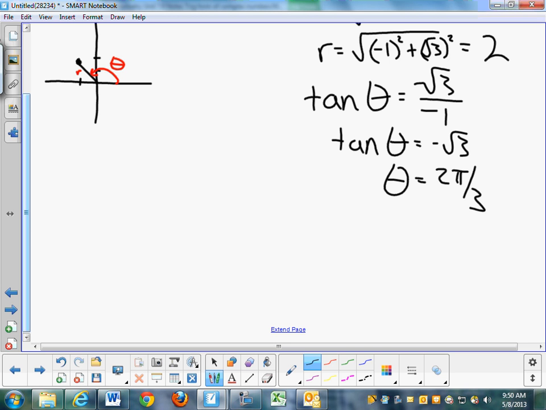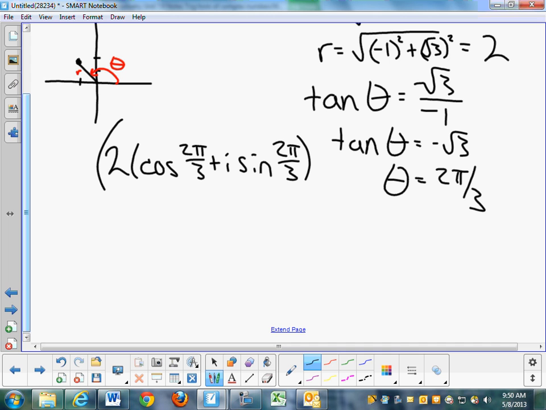And DeMoivre's theorem says we're going to take 2 times the cosine of 2 pi over 3 plus i times the sine of 2 pi over 3, and we're going to raise that all to the 8th power. What DeMoivre's theorem says is that you can take 2 and raise it to the 8th. Now, whether you write 2 to the 8th or 256, I don't care.